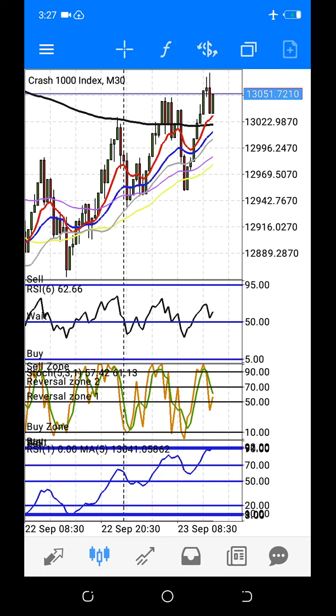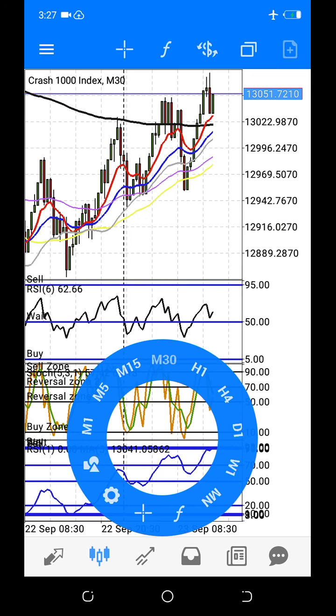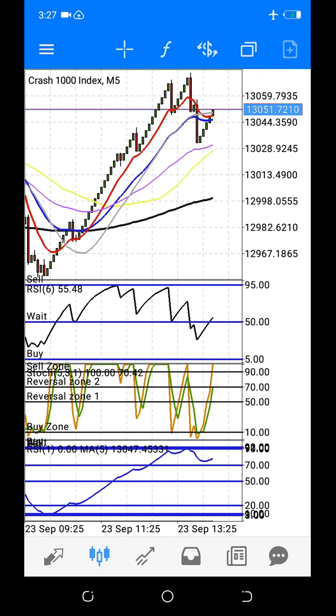But the question is, if at all you wanted to enter a sell for any reason whatsoever, what will you do? That's what I want to show you now. What you do is come to 5 minutes. Take note of what I want to show you. Look at the screen. Never enter a sell in Crash if these things don't happen.